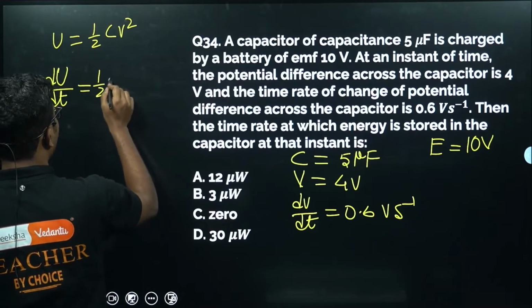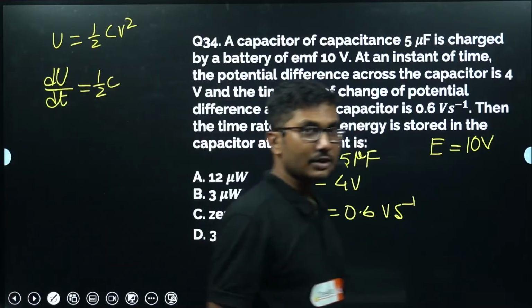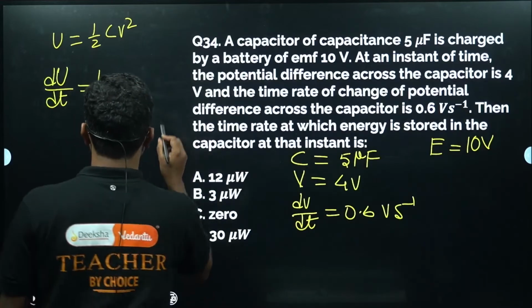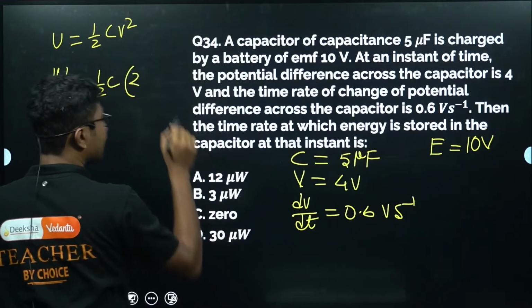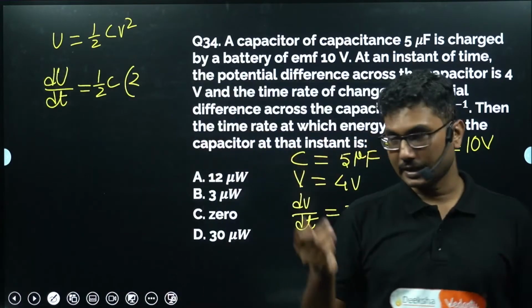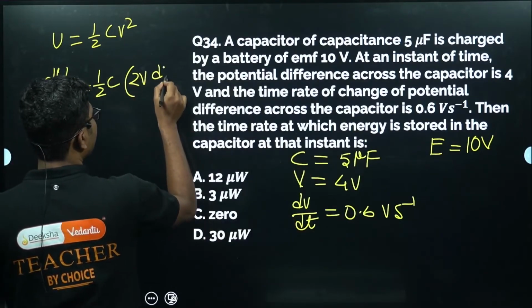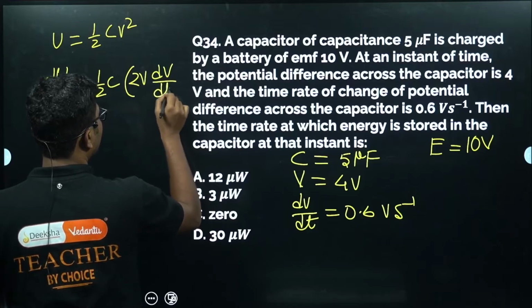Now C is constant, half is obviously constant, so then what differentiation will happen? Only V is differentiated. V square's differentiation is like x square's differentiation, 2x dx by dt. So here it will be 2V dV by dt.